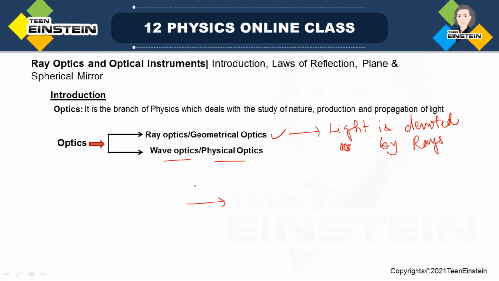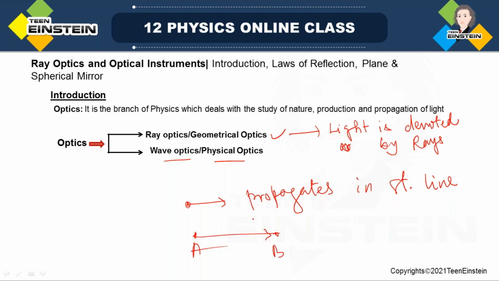In this ray optics we assume that light propagates in a straight line. And the path it follows to go from one point to another, from A to B suppose, this path is called a ray.